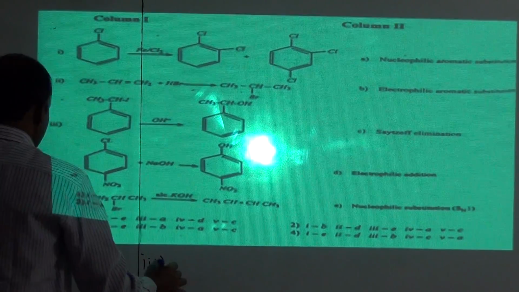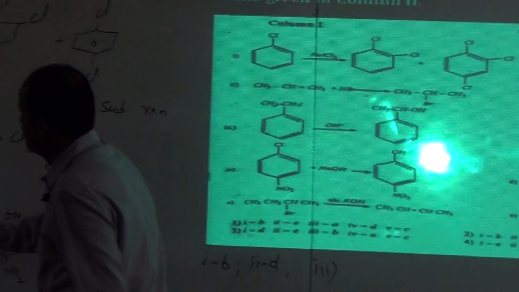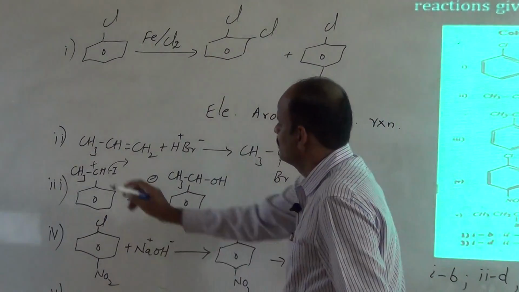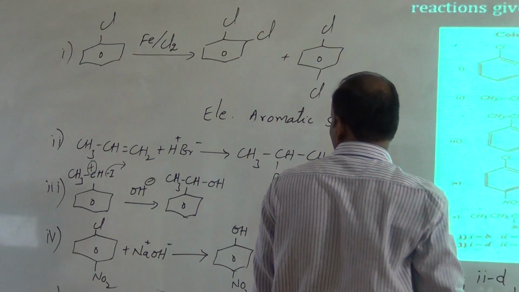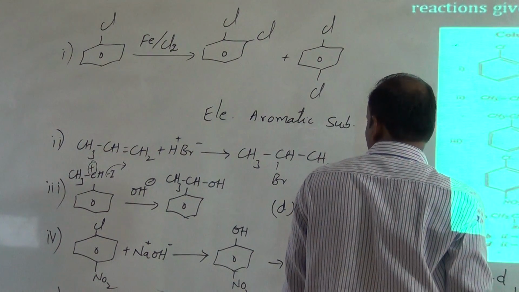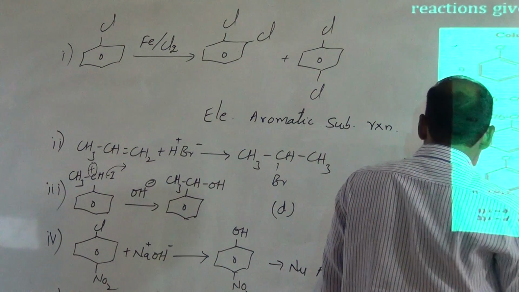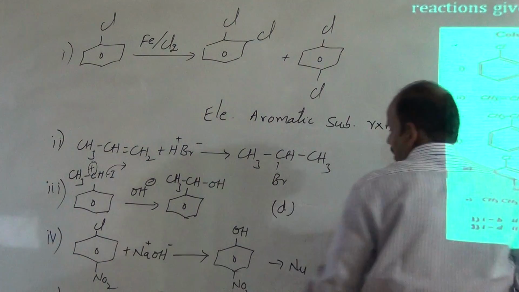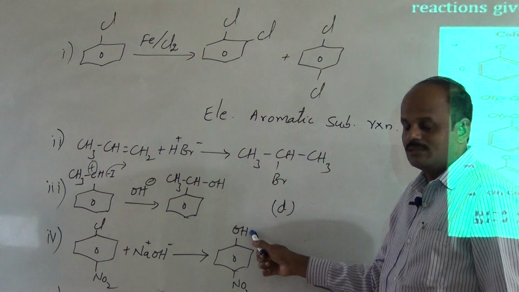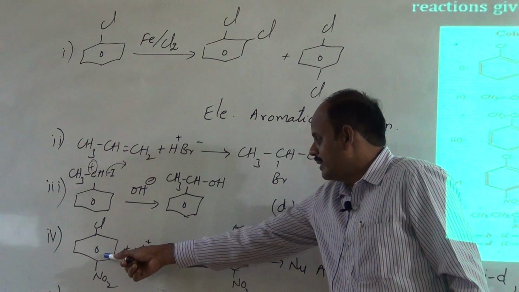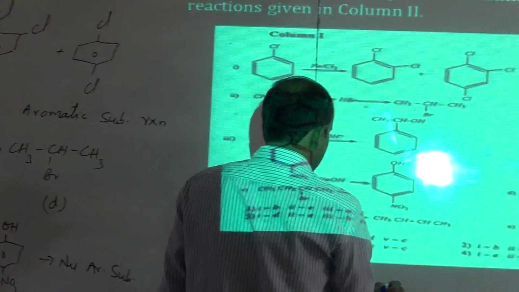Here after removing I minus, the carbon gets positive charge. It is a carbocation, no? Thus it follows SN1 reaction, a unimolecular nucleophilic substitution reaction. Next, fourth one, this is Cl minus replaced by OH minus ions. Thus nucleophilic substitution reaction, and it is the aromatic compound. Hence nucleophilic aromatic substitution reaction. That is A.